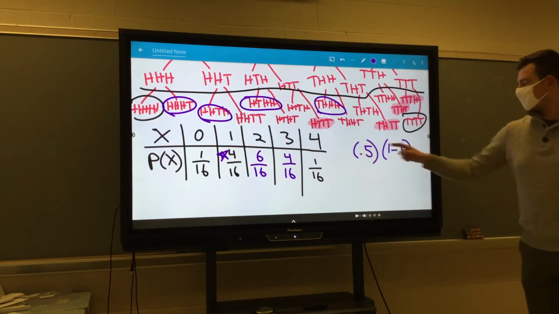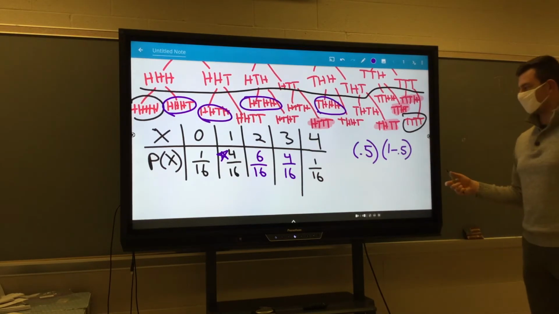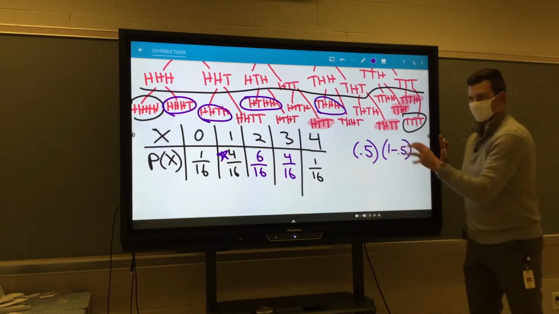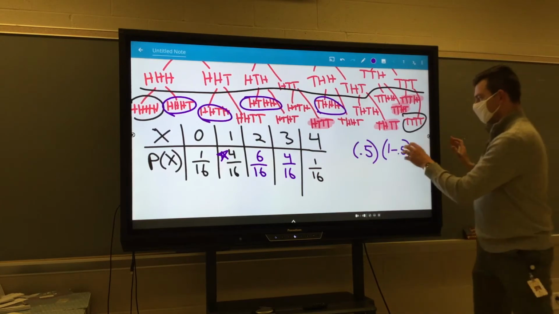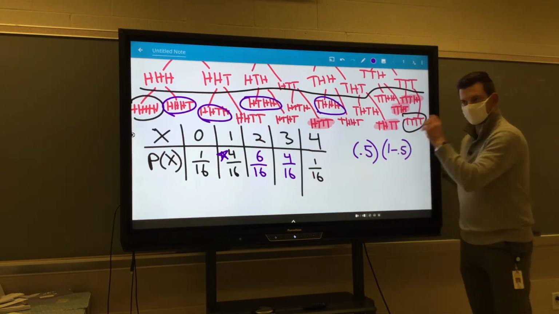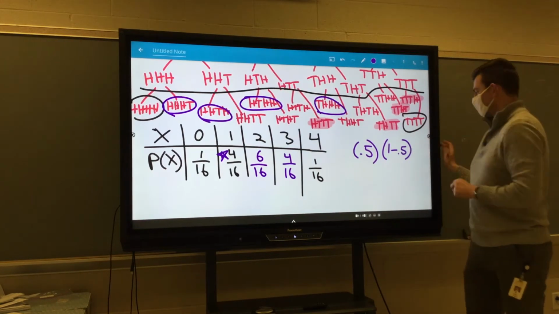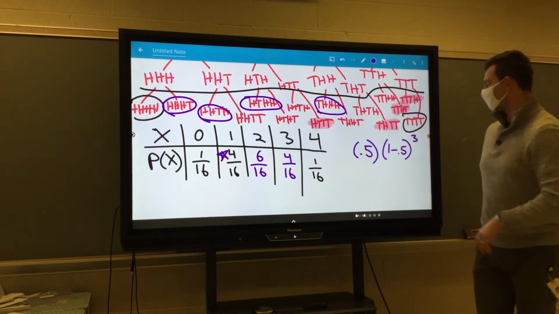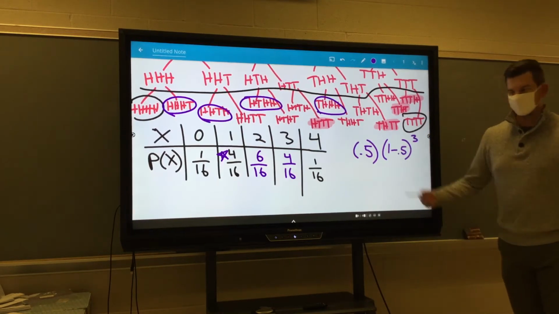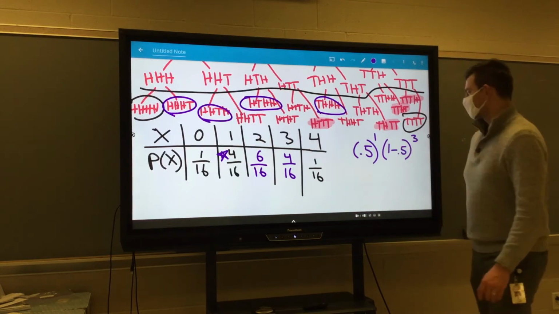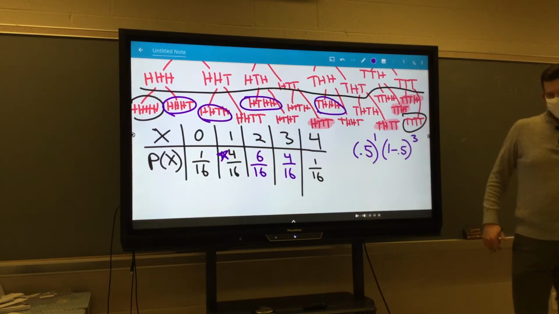We had 1 success and 3 failures. So multiplication counting principle, probability of failure times probability of failure times probability of failure, or failure raised to the 3rd power. Success, we just had 1 of them. So let's think of it as being to the 1st power.